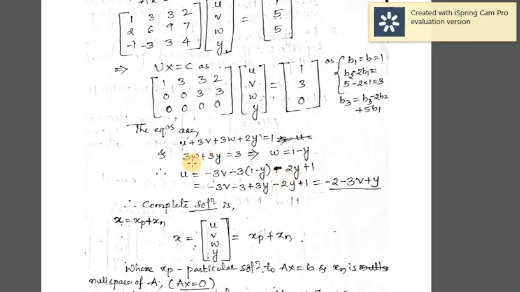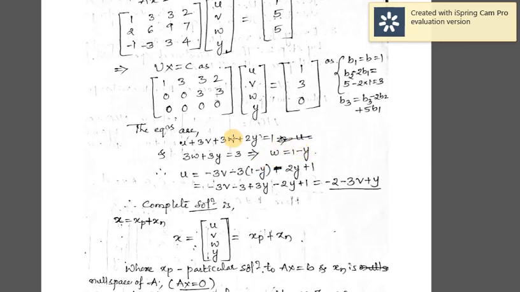Let's solve the second equation so that we get the value of w. From this equation, w is obtained as 3 minus 3y as the value of 3w. So w is equal to 1 minus y.